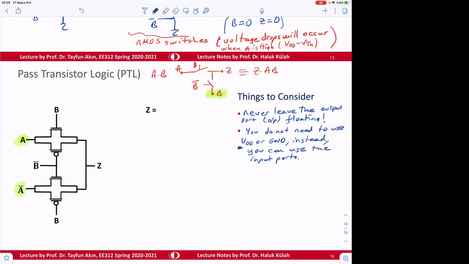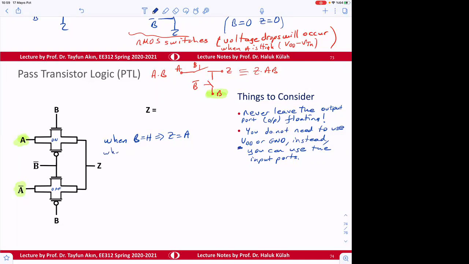When B is high, or logic 1, what happens? Z is going to be what? This will be on. This will be both off. So therefore, Z is going to be equal to A. So if A is low, it's going to be low. A is high, it's going to be high. So the signal is coming from the A input.